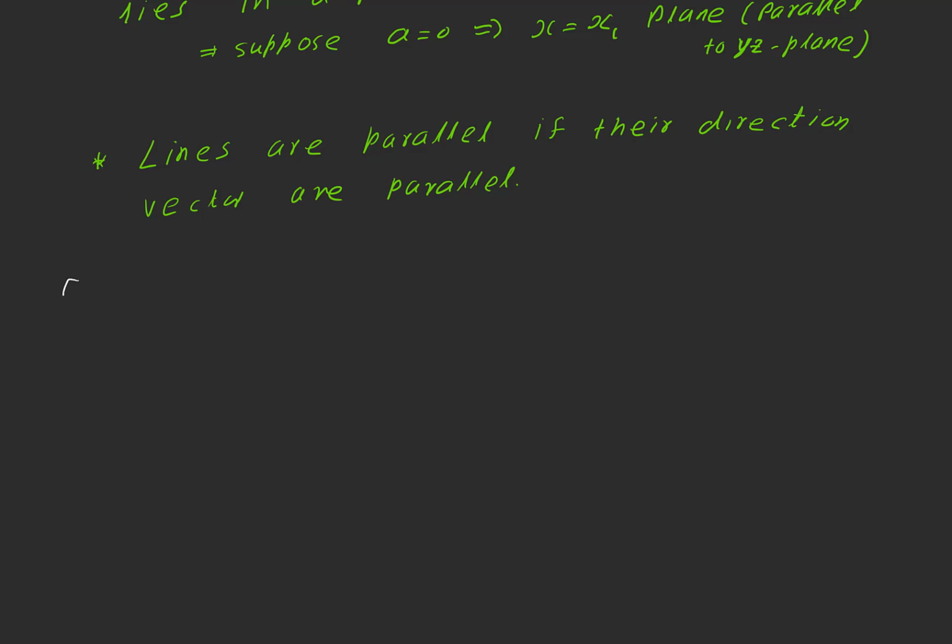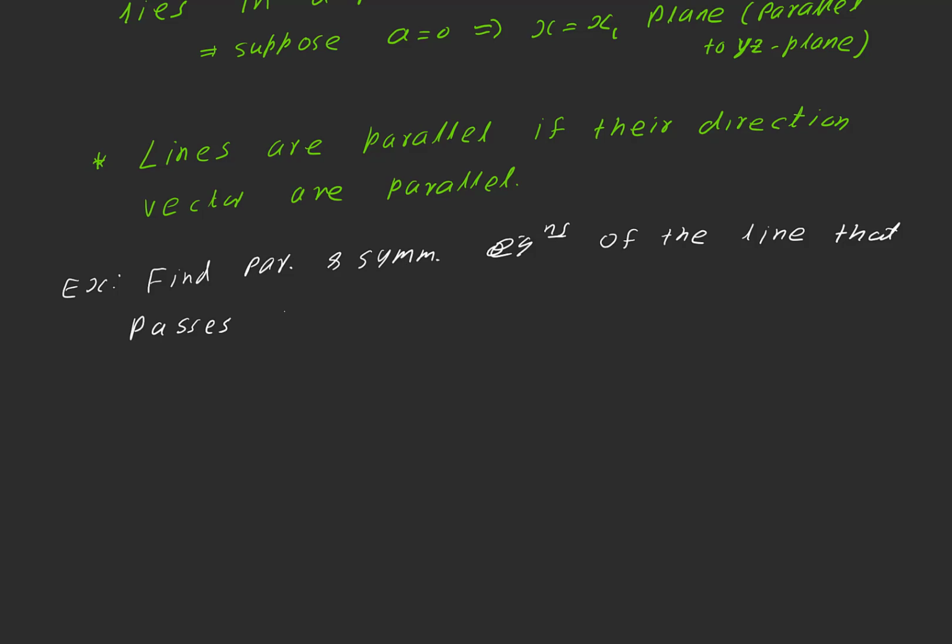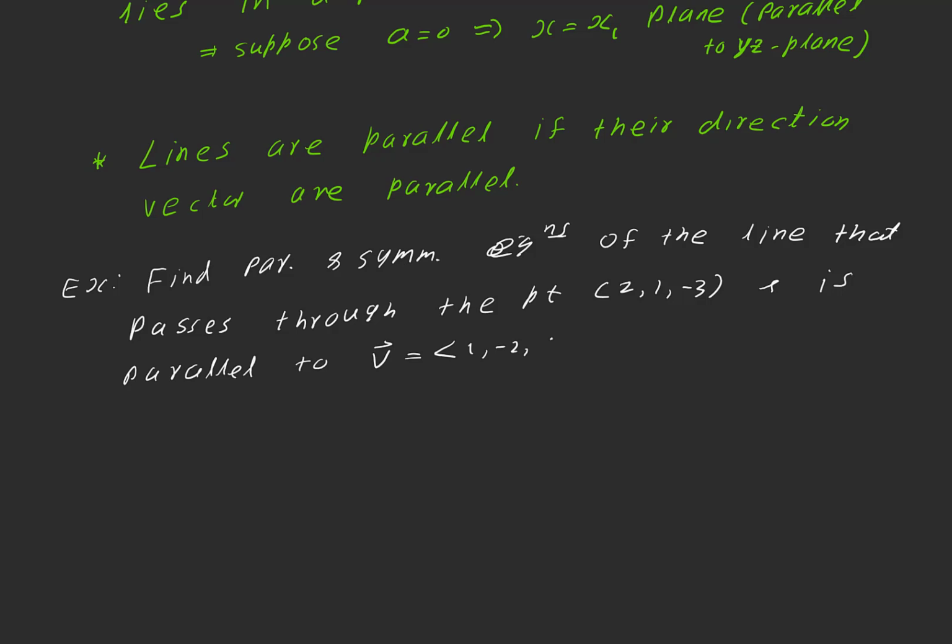Let me explain this example. Find parametric and symmetric equations of the line that passes through the point (2, 1, negative 3) and is parallel to V, which is (1, negative 2, 4).